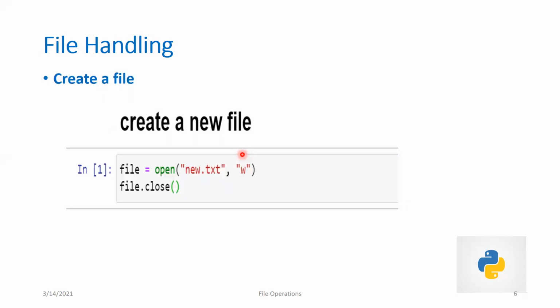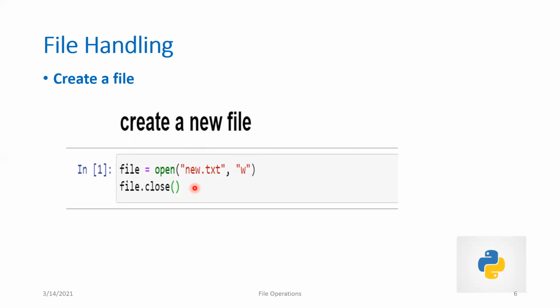I have already created a file whose name is new.txt. When I created this file, where is the file located at this moment? I did not mention the location of the creation of that file. In my case, all my Jupyter notebook files will be stored in a specific location.